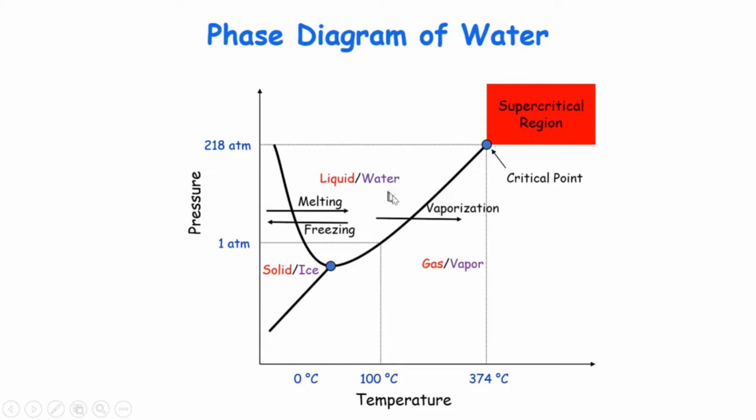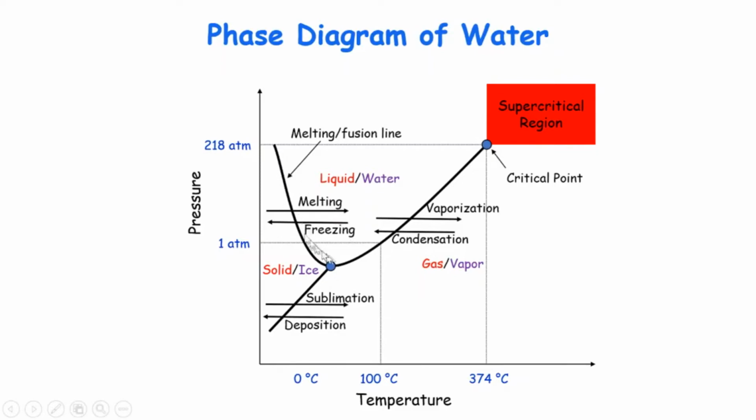If we heat water, you will see water vapor. This is called vaporization, from liquid to gas. The reverse process from gas to liquid is called condensation. And sublimation and deposition, you see, bypass the liquid region. Those are the six phase changes.